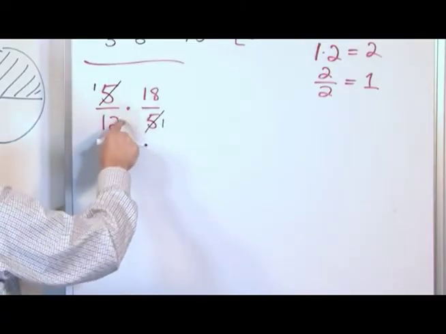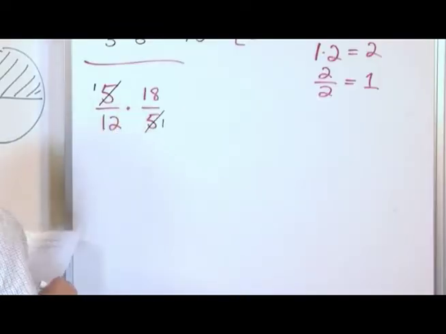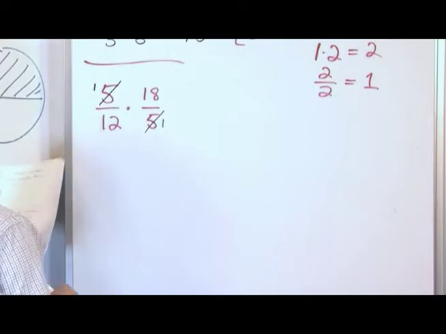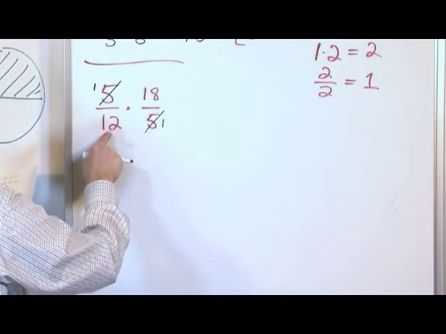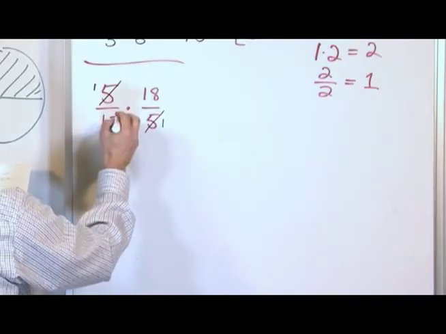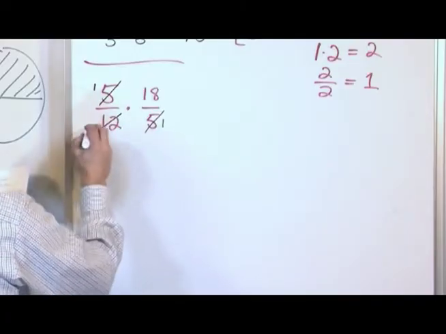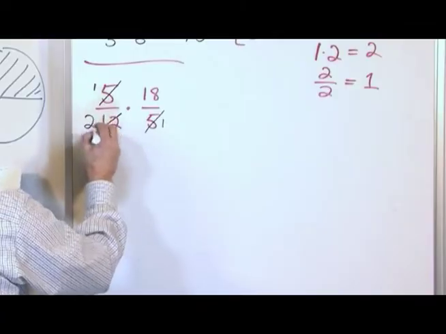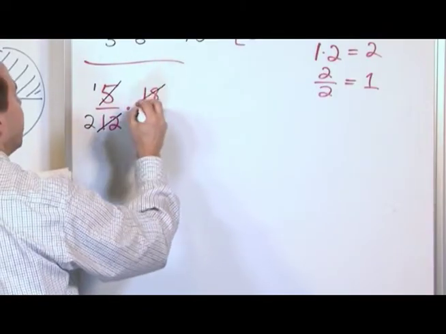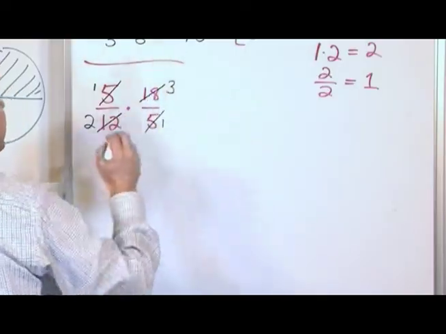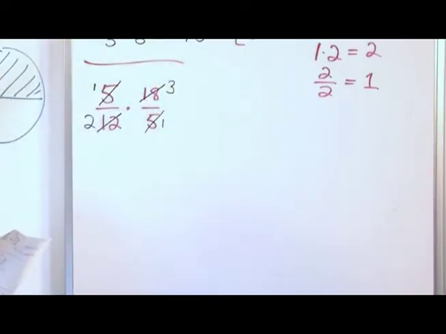Can I divide both by something to make it simpler? Well, I can divide 6 into 18, and I can divide 6 into 12. So when I divide 6 into 12, 12 divided by 6 gives me 2. So I scratch that out with a single line and put a 2 there. 18 divided by 6, I put a line and I say 3. So what I have done is totally simplified this fraction.